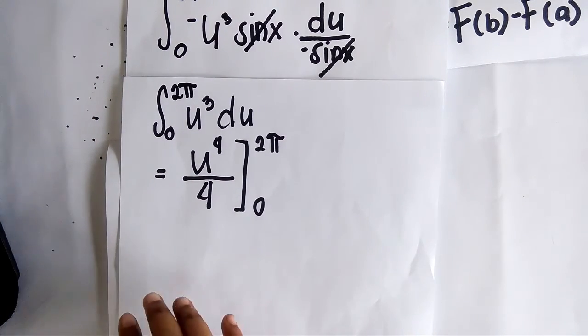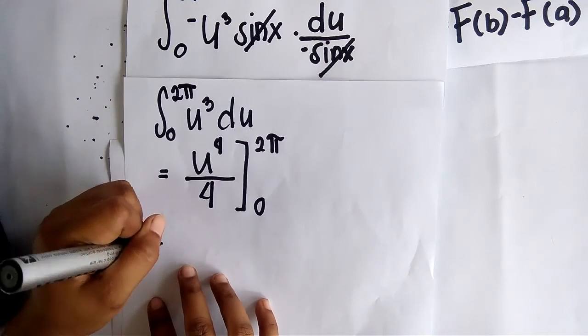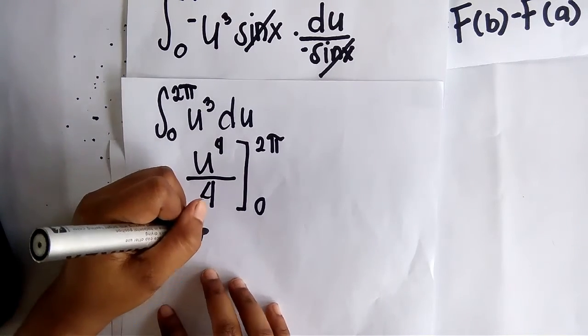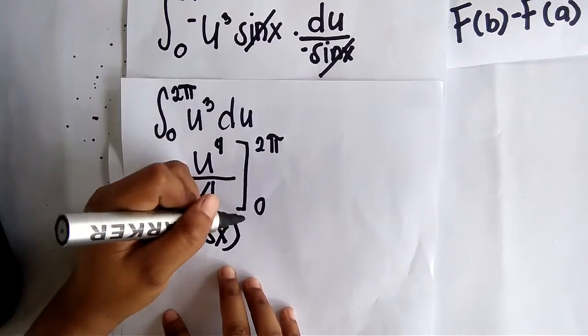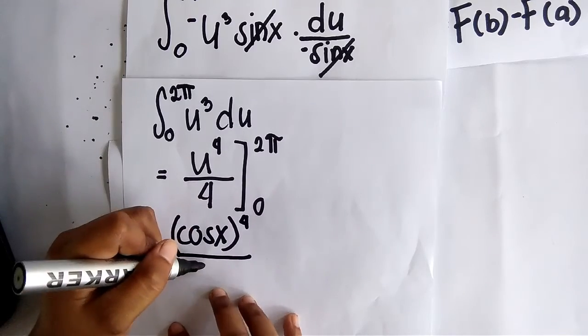So we have to substitute the value of u, cosine x raised to 4 over 4.